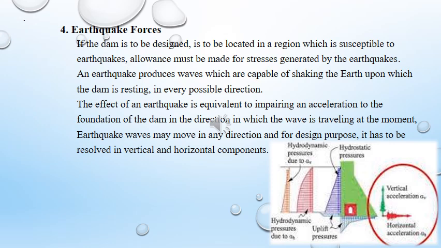The effect of an earthquake is to impart a momentary acceleration to the earth's crust in the direction in which the wave is travelling at that instant, while an earthquake wave may travel at any inclination through the foundation. So, it is usual to consider a vertical and a horizontal acceleration acting separately.